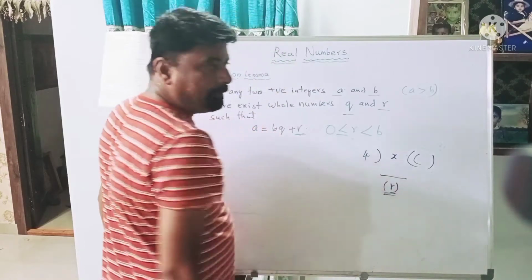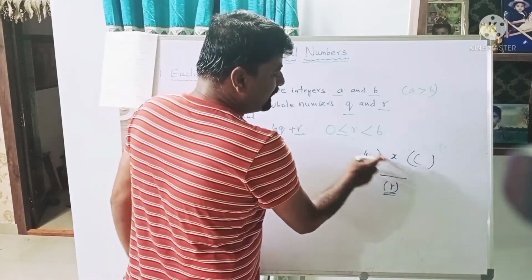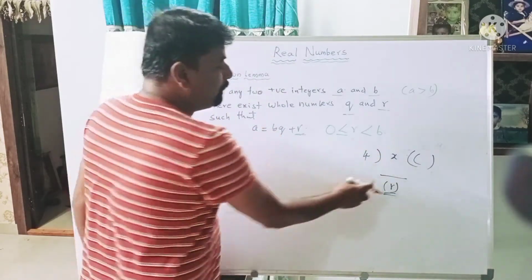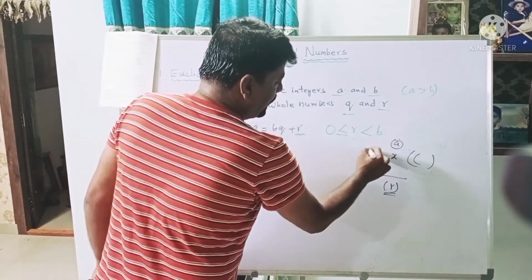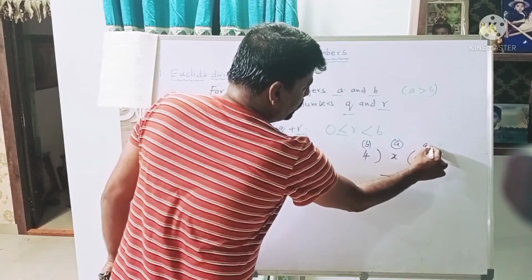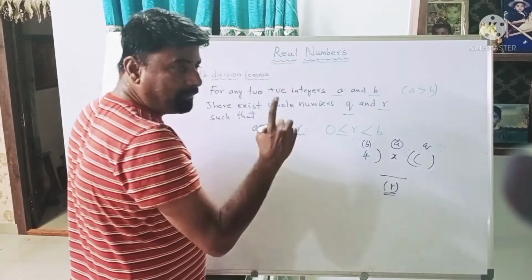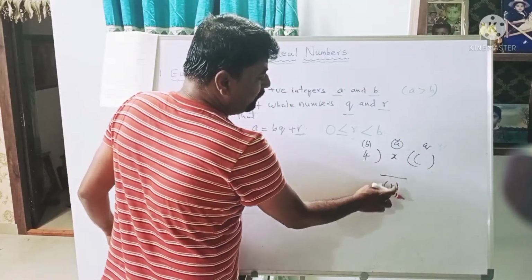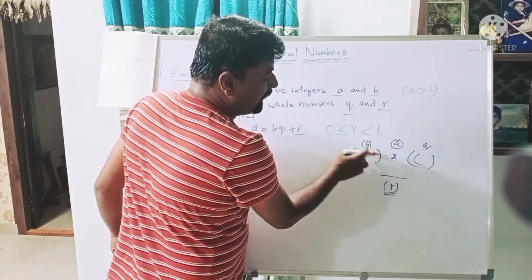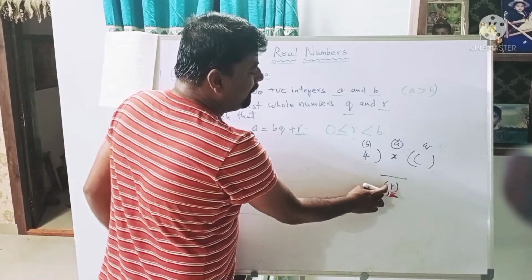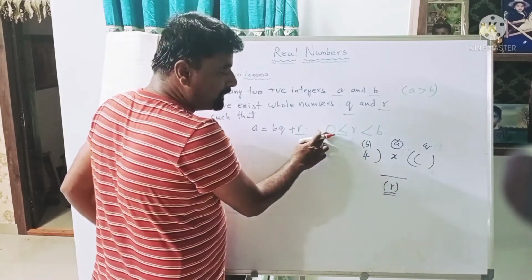How is this remainder, beta? This remainder is always less than 4. It will not be more than 4. I mean, A is the number, B is the number, and there is a quotient and a remainder. The remainder is always less than B.